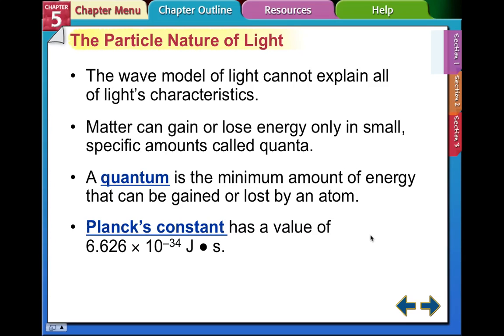Now, there is a scientist, Planck. He was really interested in this, and he came up with this constant of 6.626 times 10 to the minus 23rd J·s, so joules times seconds. That was his constant, and we're going to use that as we continue talking about energy and waves.